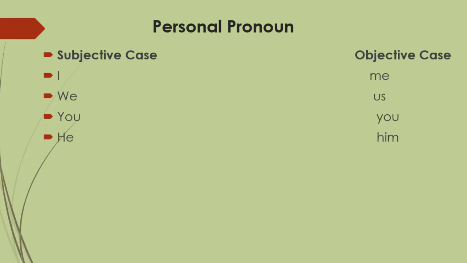He is the subjective case of third person pronoun and him is its objective case. She is the subjective case and her is the objective case. It is the third person personal pronoun, and it is the subjective as well as objective case. They is the subjective case and them is the objective case of personal pronoun.